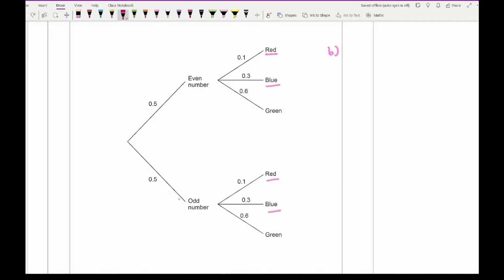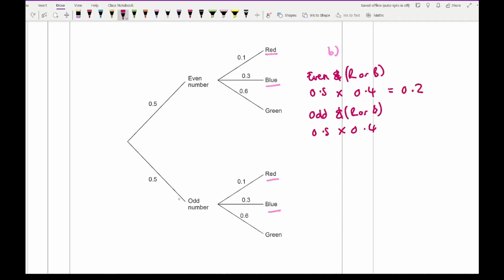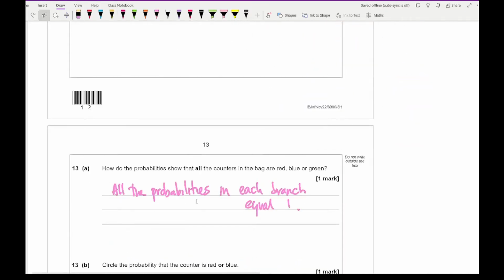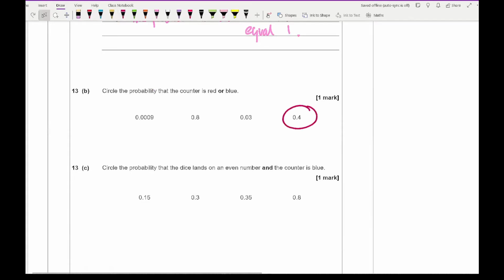If we roll an even, and I just put red or blue, that's going to be 0.5 times 0.4, or we could have odd and red or blue, which is 0.5 times 0.4. So that's 0.2 and 0.2, and it's either of those, so the answer is 0.4, and that is our fourth option.